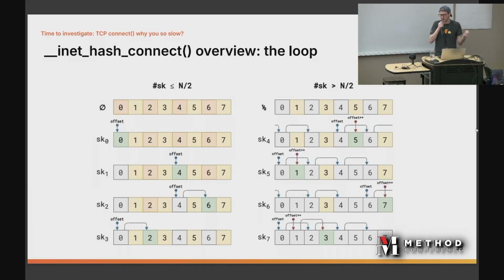So randomly in this test, the offset was picked 0. Okay, great, we made the connection. Next socket. In this case, gray means it's already taken, but now the offset is saying, okay, we randomly picked number 4. That's currently not taken because it's green, so go ahead, take it. What's interesting is by the time we get to the third socket, the randomization decided to start off at 4 again, but this time 4 is already taken.